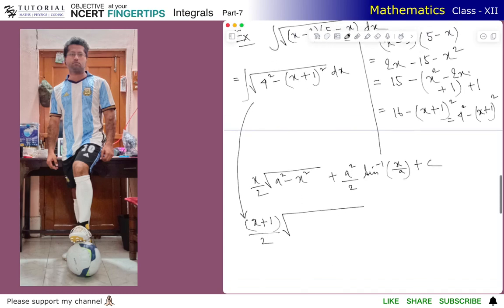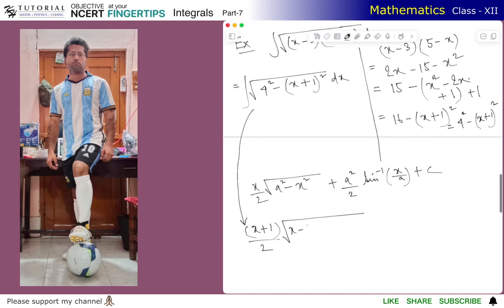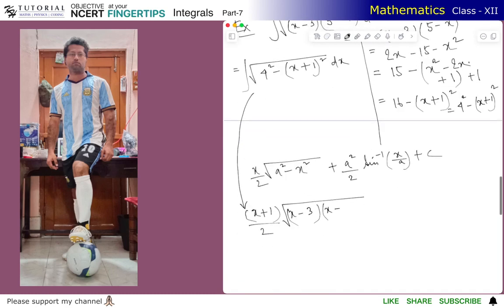So I can keep it like this, the original one, x minus 3 and 5 minus x, and over here a square by 2, and a square is 16. So 16 by 2 sine inverse. Over here we have x plus 1, so (x plus 1) by a, and a is again 4. So this will be the answer for this problem.